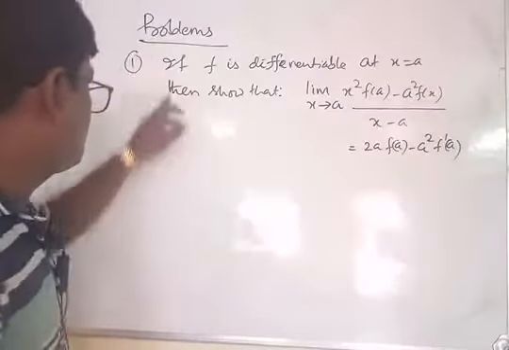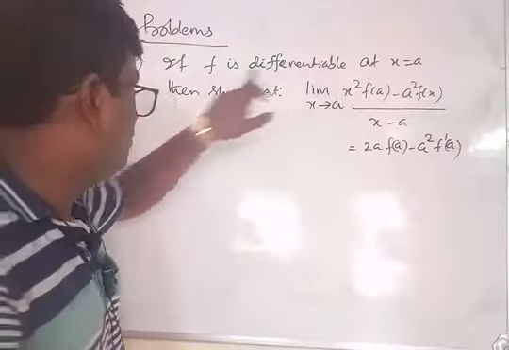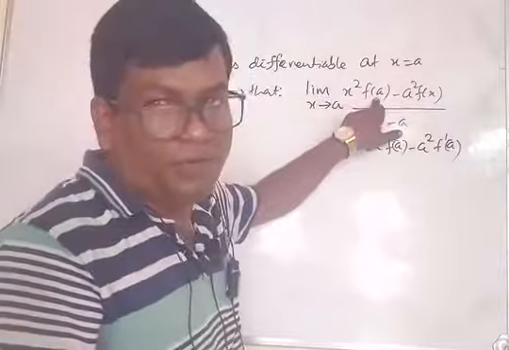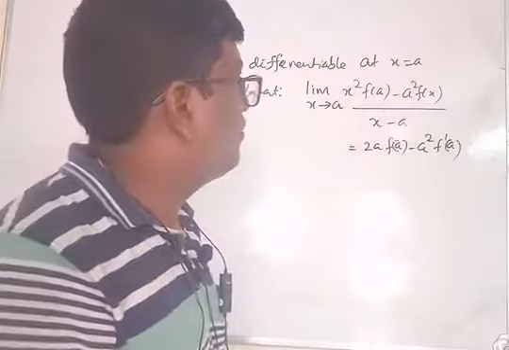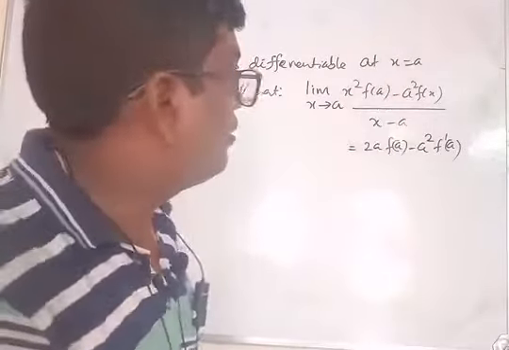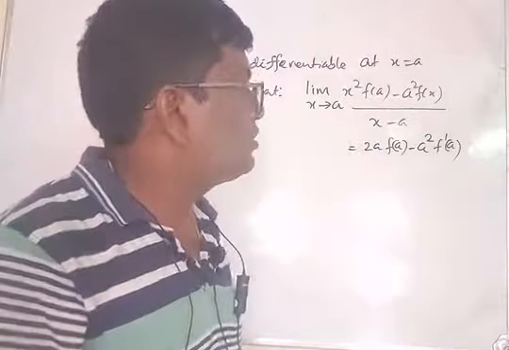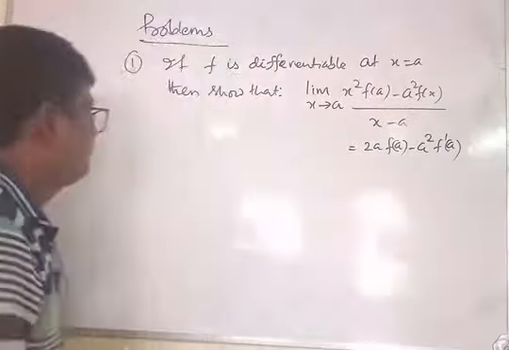The question is: if f is differentiable at x equal to a, then show that limit x tends to a of x square f of a minus a square f of x divided by x minus a is equal to 2a into f of a minus a square into f dash a.